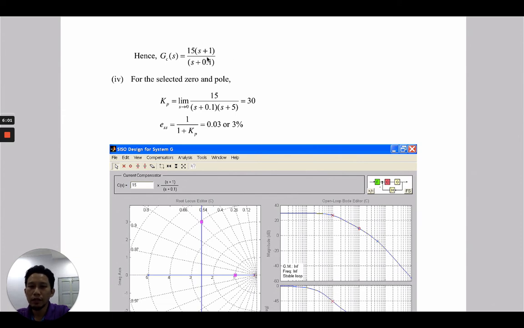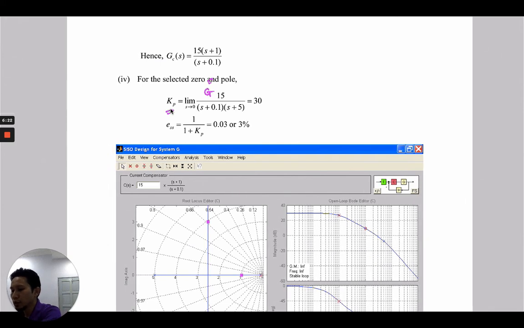Now that we know GC, we can calculate the KP. In this case, it's a step input, so that's why we find KP, which is the limit as S approaches 0 of G. G is GP multiplied by GC.